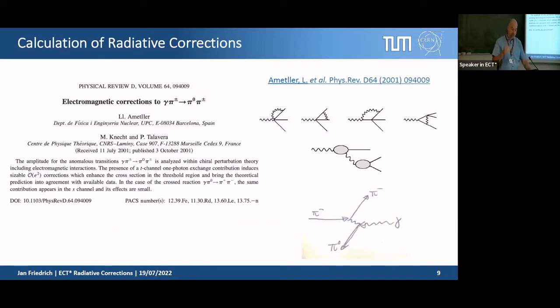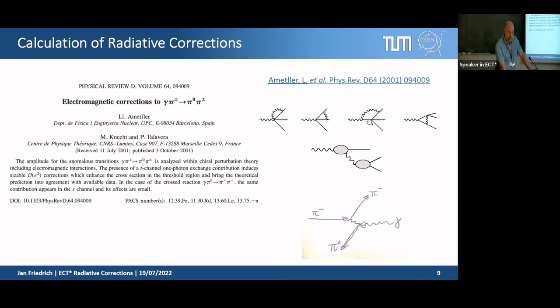But there was a surprise when this was then investigated more closely. The so-called Ametya paper from 2001, together with Knecht and Talavera, investigated the radiative corrections for this process.